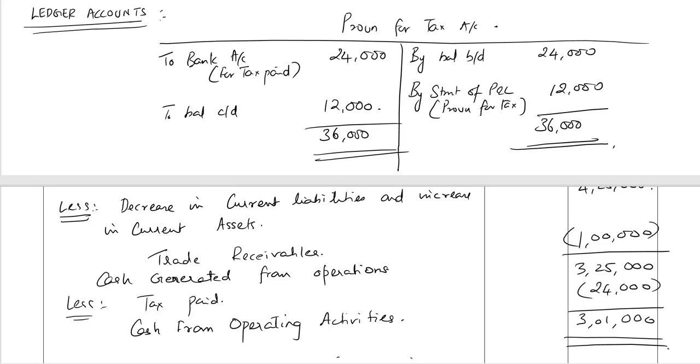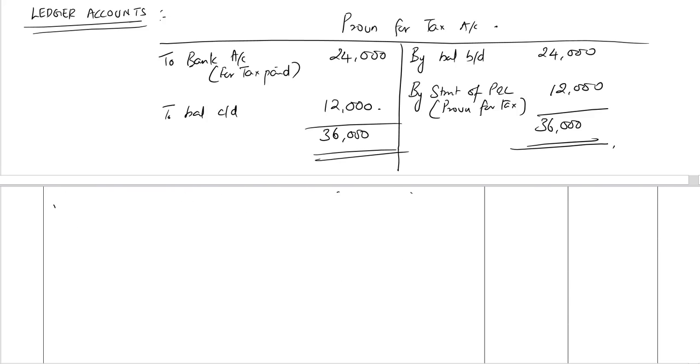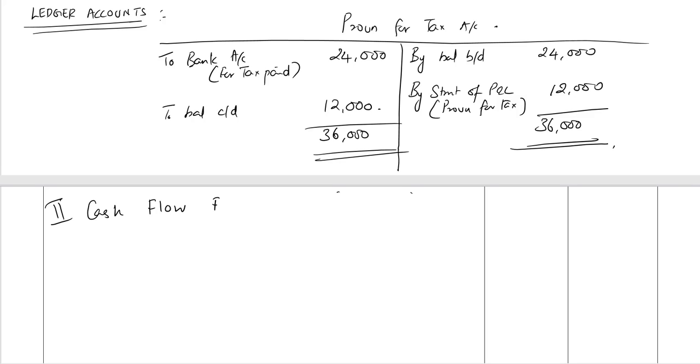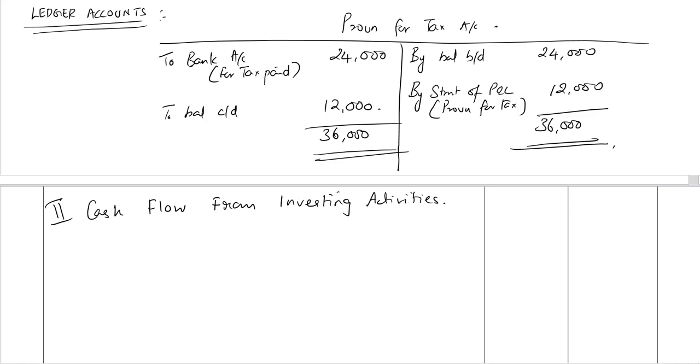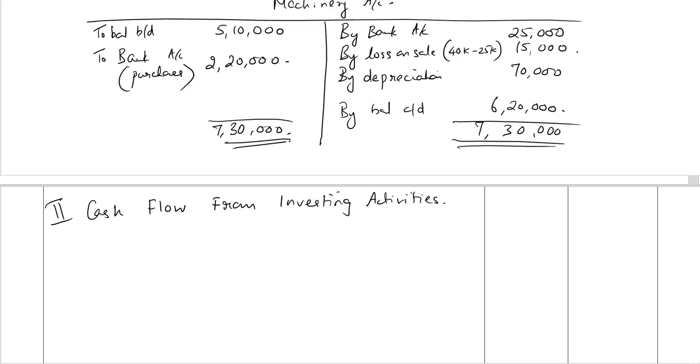Let's move on to Roman number 2. Cash flow from investing activities. We'll finish the entries relating to machinery account.